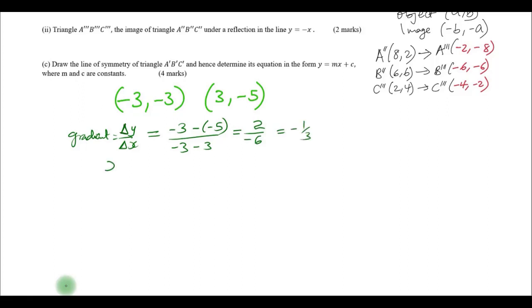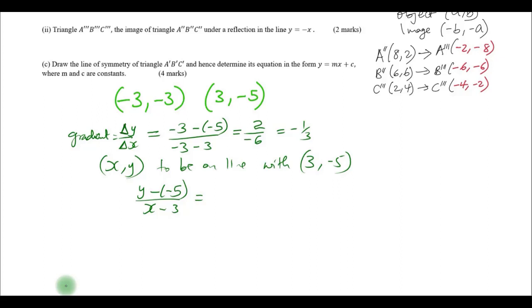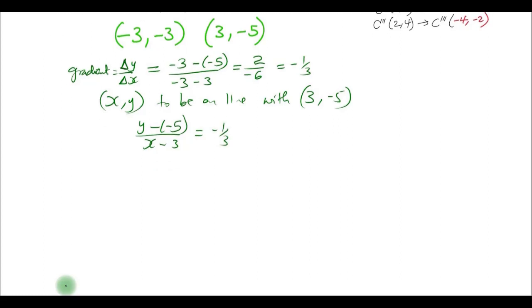So I can choose another point (x, y) on the line, with one of these points, say (3, -5). Since we know the gradient, it will be y plus 5 over x minus 3 equals minus a third.